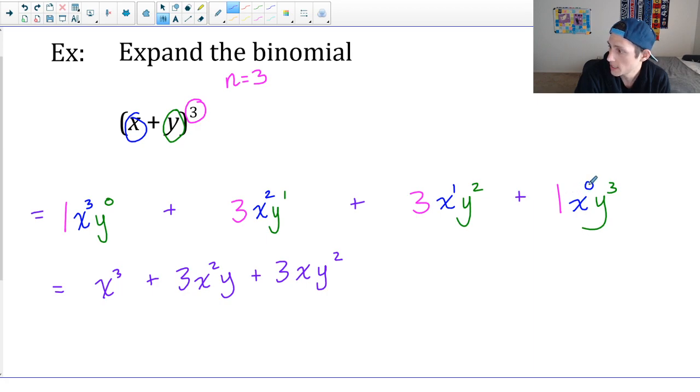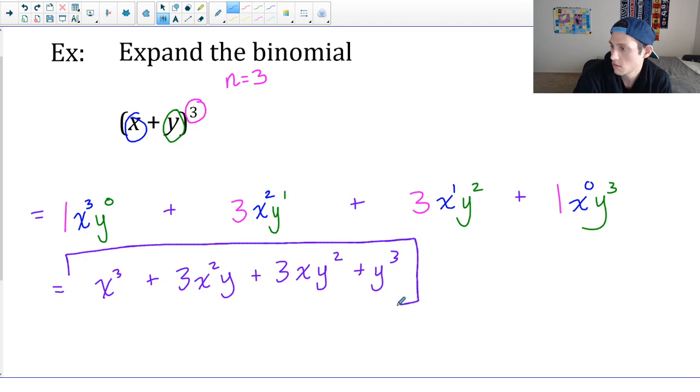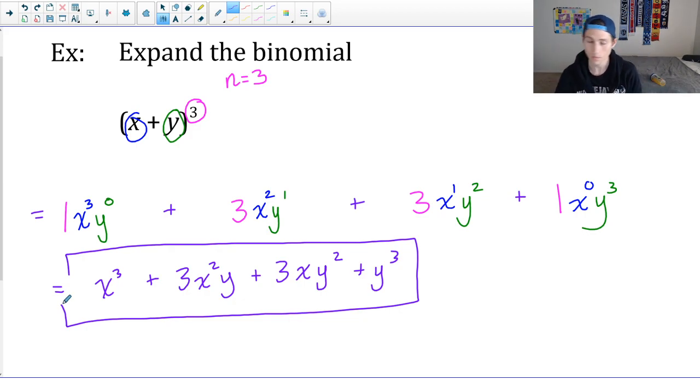Plus 1 times x to the 0. X to the 0 is just 1. So 1 times y cubed. So plus y cubed. All right, so there's my answer.